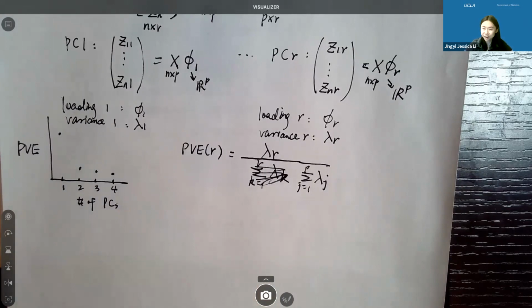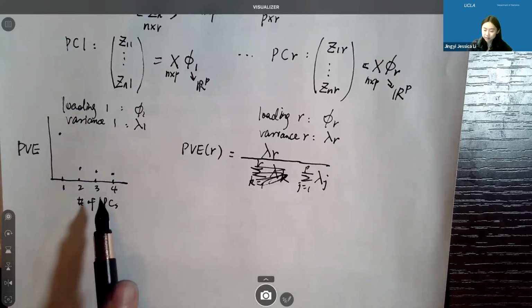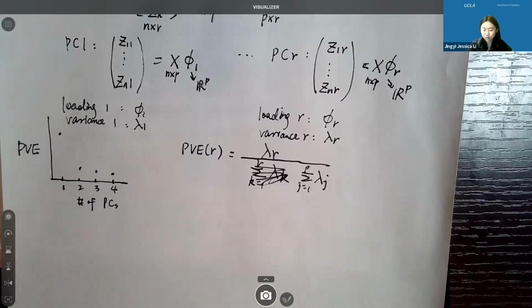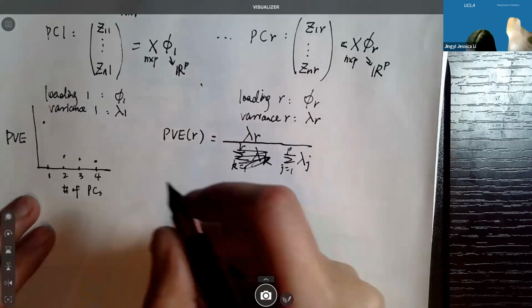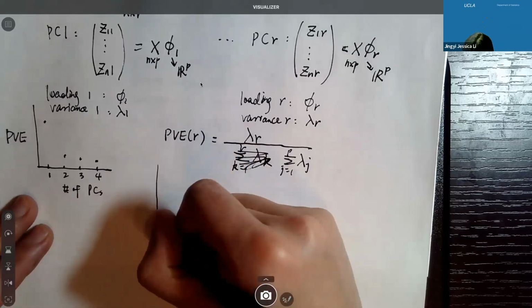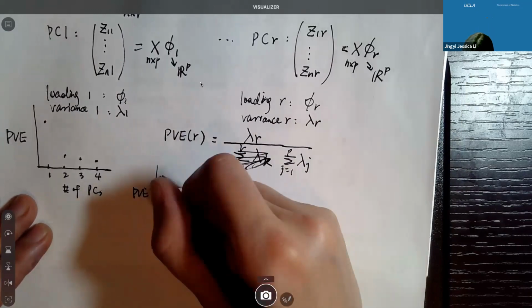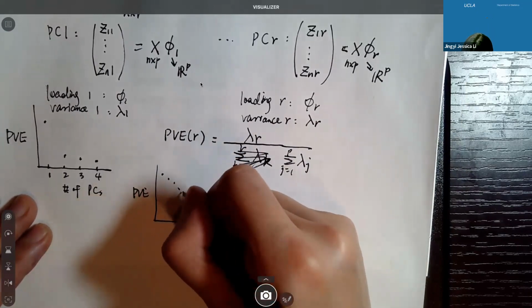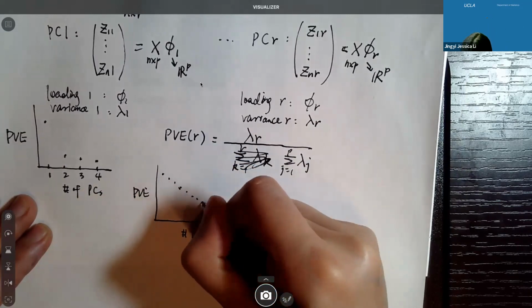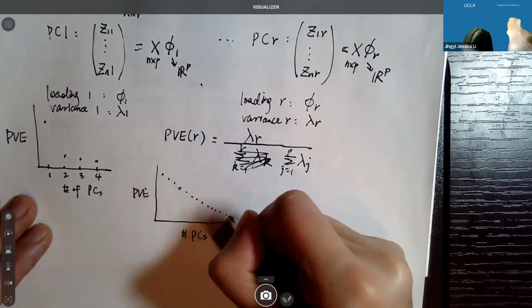Of course, there's no absolutely correct strategy because it really depends on what you consider as the biological variance in your data versus the noise variance. Some of the small variances, you have to decide whether you think they are noise or biological. It's case by case. If the PVE plot looks like a gradual decrease, so you have a lot of strong eigenvalues, then the call is less obvious.